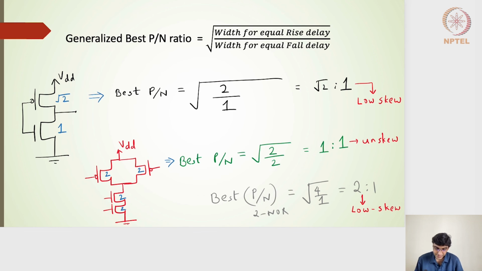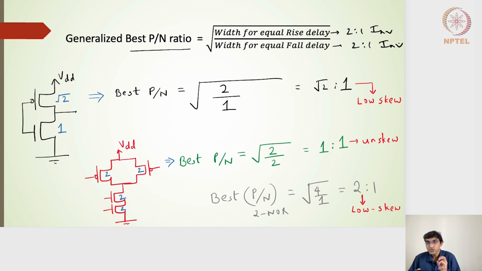So to generalize, the best P by N ratio is actually the width for the equal rise delay or the fall delay with respect to the 2:1 inverter, right? So in another sense, if I have an unskewed version of the gates, whatever it could be, a 2-input NOR gate or an N-input NOR gate or a 2-input NAND gate or any other combinational gates, the unskewed gate formation is very, very simple.